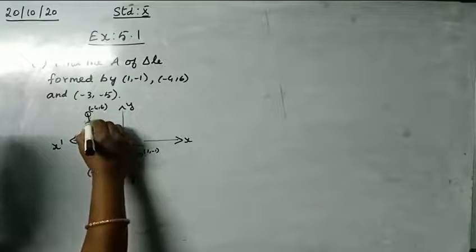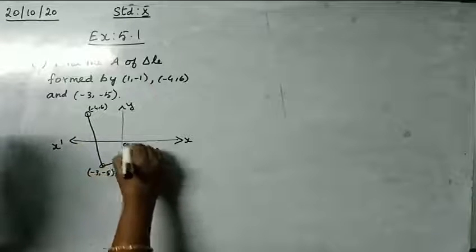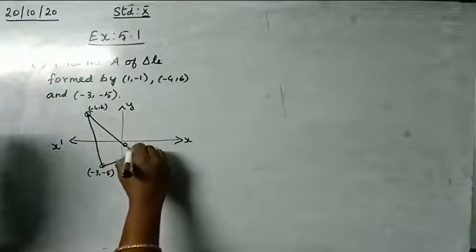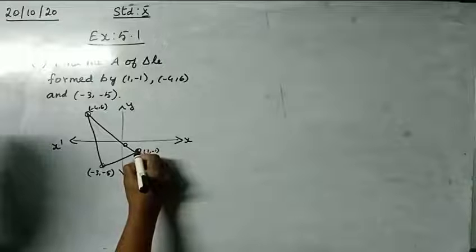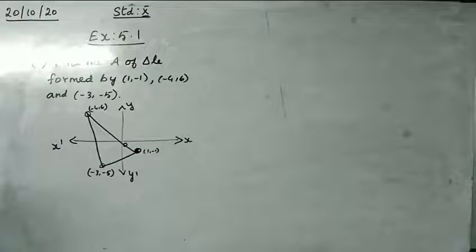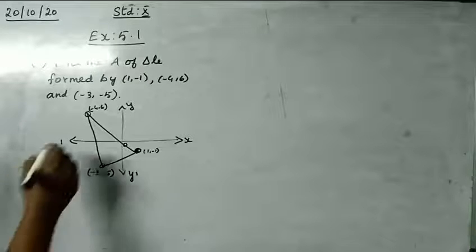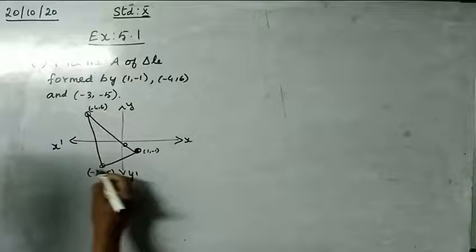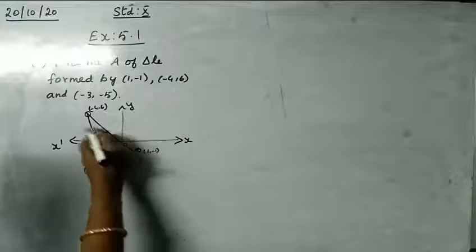Now join these three vertices and hence it forms a triangle. Let us take the vertices going in an anti-clockwise direction.